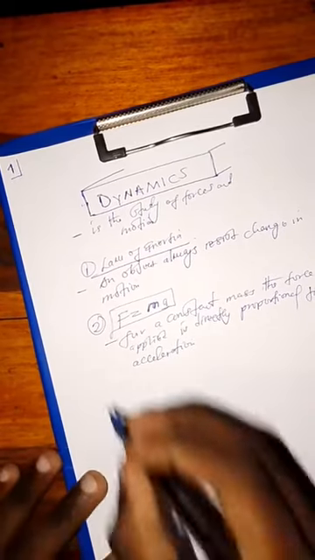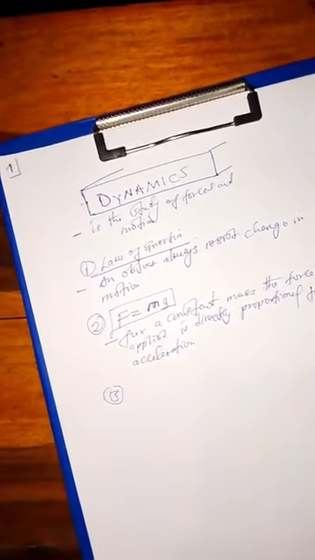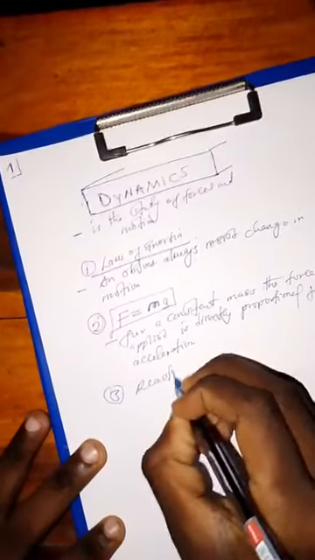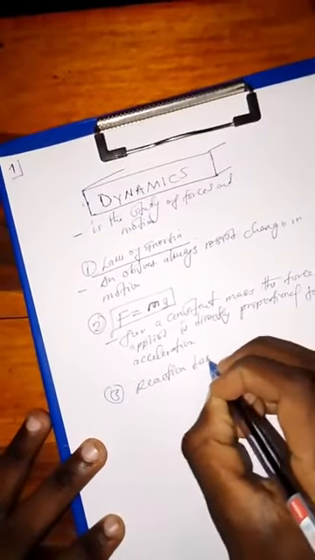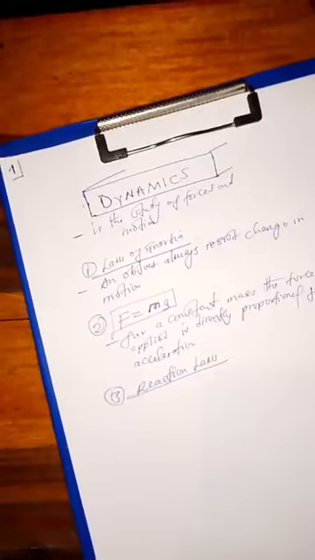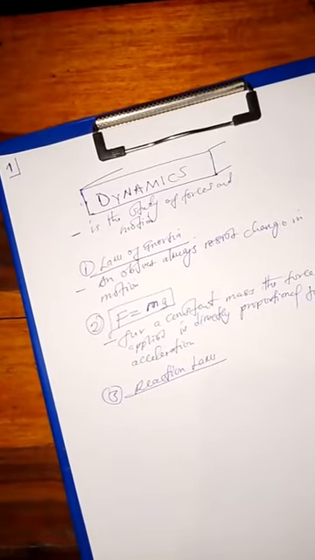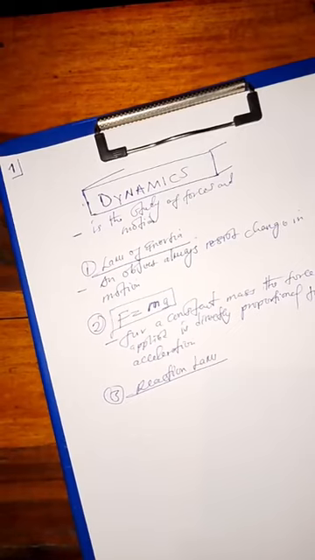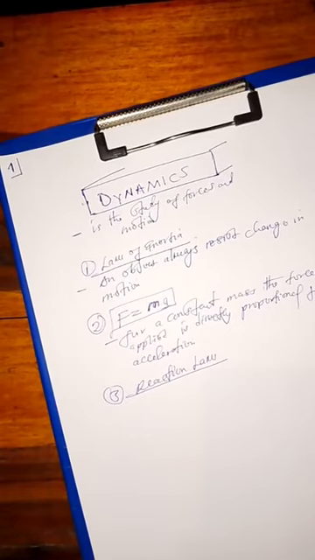Number 3, we have the reaction law. The reaction law says that for every action there is an equal but opposite reaction. For every action there is an equal but opposite reaction.